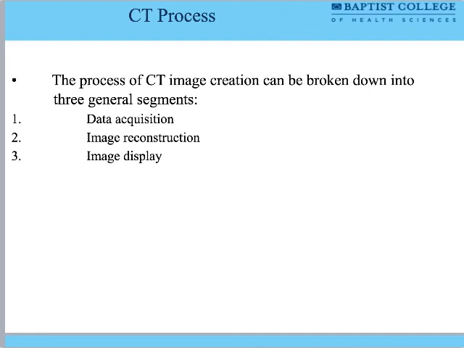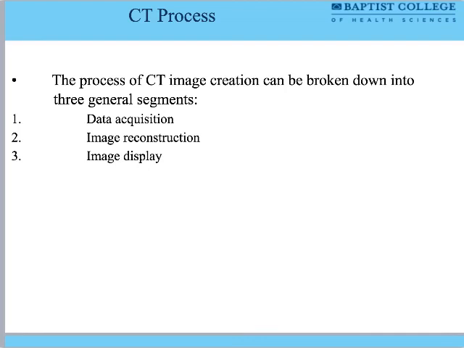So the final piece to this puzzle is how to break down this process into discrete steps, the steps that the CT scanner goes through to produce a picture. The first, in general terms, is data acquisition. I have the couch raised, and I'm moving the patient through the tube while I'm spinning an X-ray tube around their body.